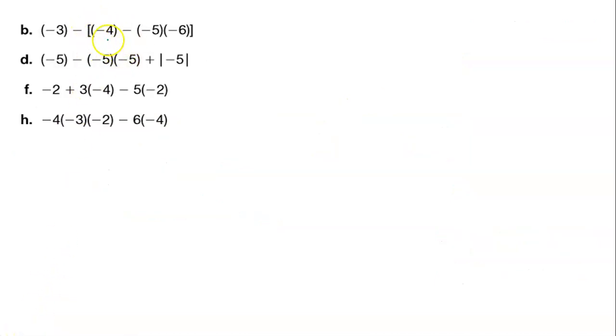Same stuff. This has a bunch of symbols of inclusion with brackets, etc. So let's write this one out. And you're welcome to pause the video and see if you get the same answer as I do. D has an interesting symbol of inclusion we'll get to. But here we have negative 3 minus brackets, negative 4 minus. We're going to do this first.